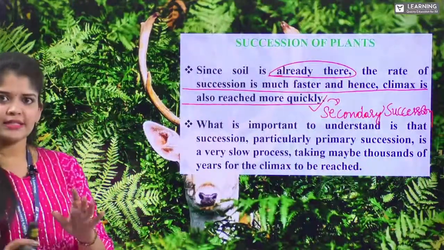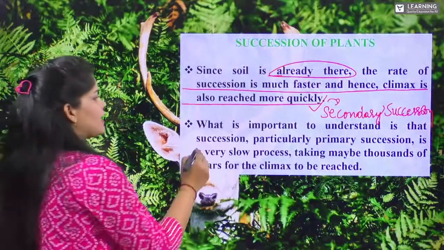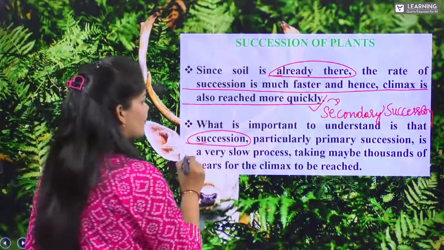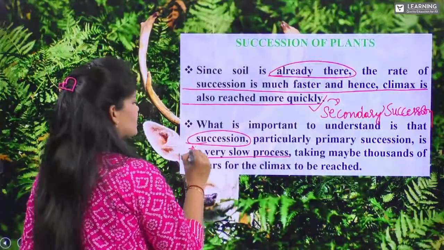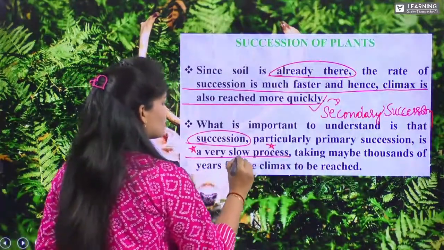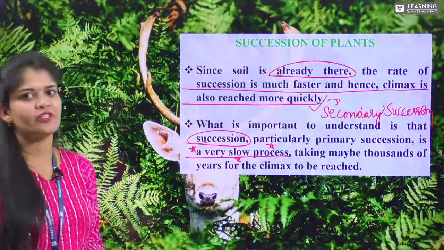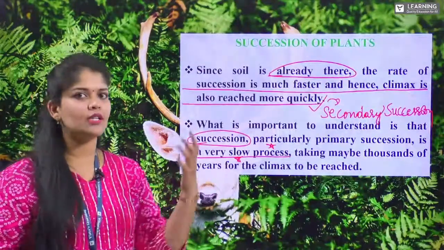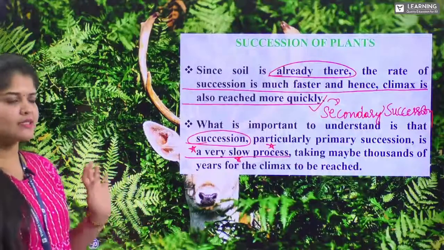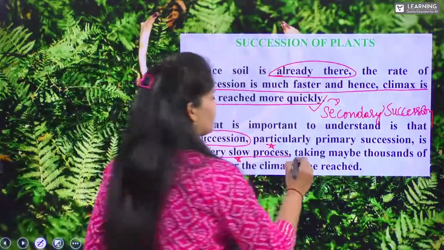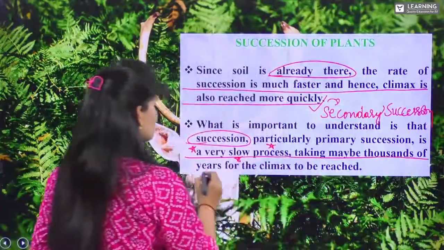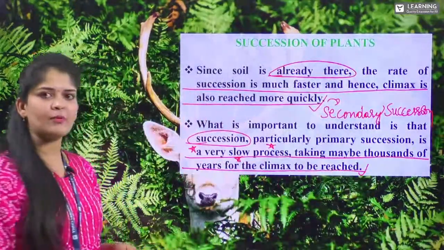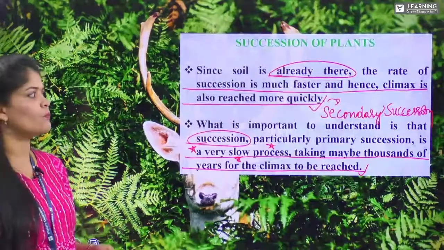What is important to understand here is that succession, particularly primary succession, is a very slow process. Remember this. The reason we already know: the soil has to form first, then only it supports the vegetation, and changes in the vegetation finally lead to the forest climax community. It may take thousands of years for the climax to be reached. Therefore, primary succession is always very, very slow.